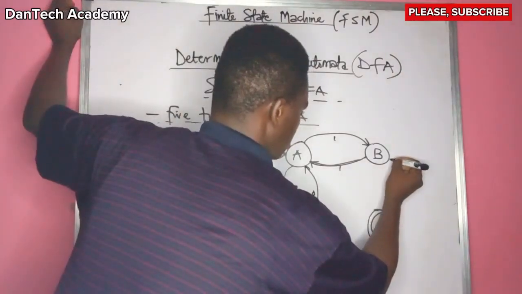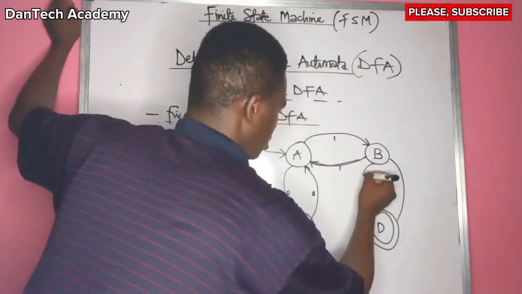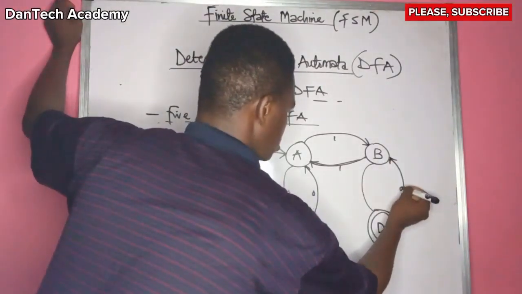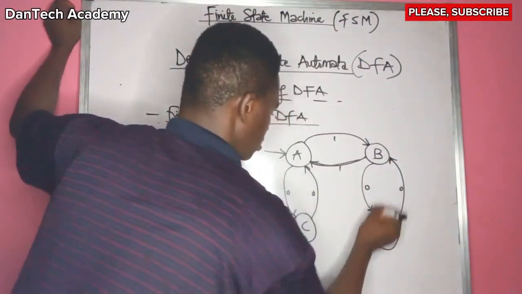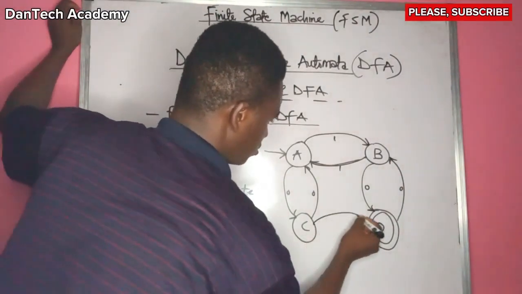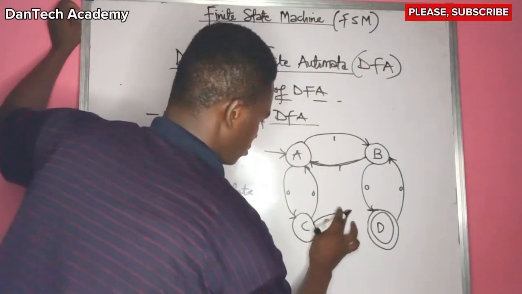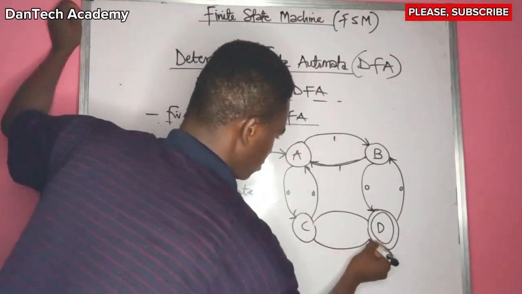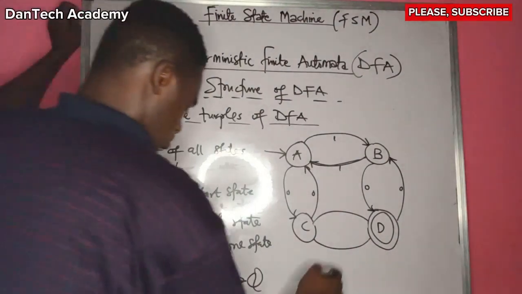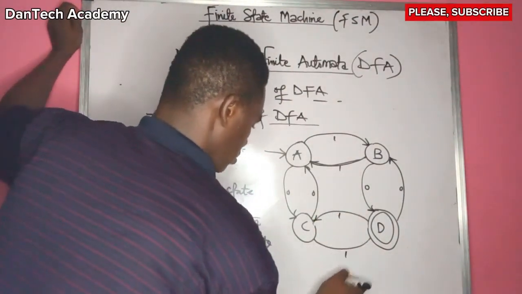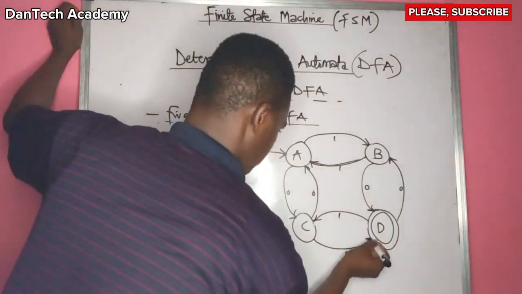So another one here, another one here again. This one is 0 and this one is 0. There's another one here, and lastly another one here. So this one is 1 and this is 1, and we have one here.